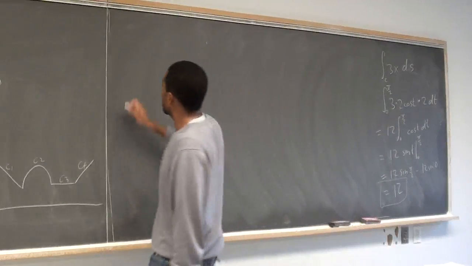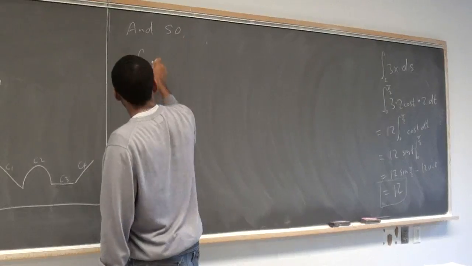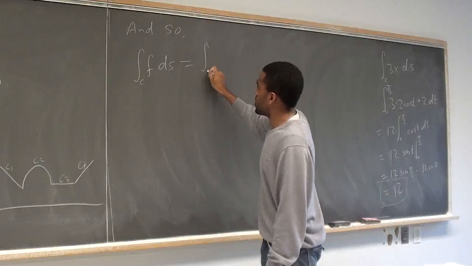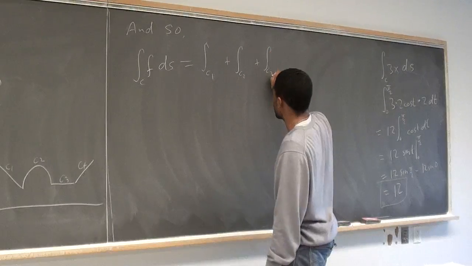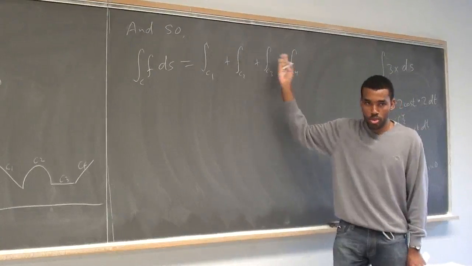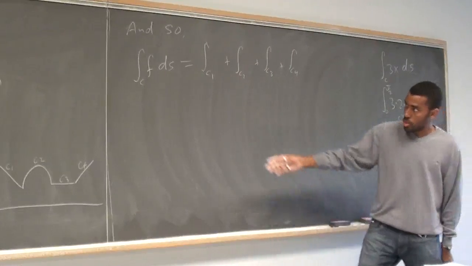And so for the integral along C of f ds, that's just going to give me the integral along C1 plus the integral along C2 plus the integral along C3 plus the integral along C4. And this is very informal notation, of course. I don't want to have to write the f over, but basically, that's what you're going to do.